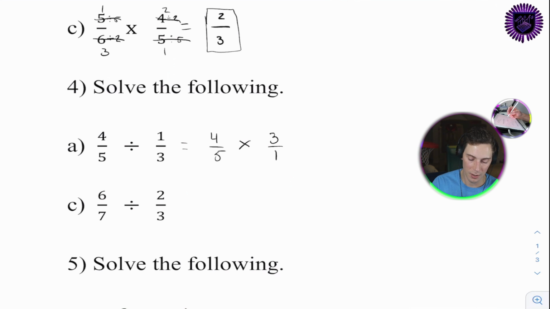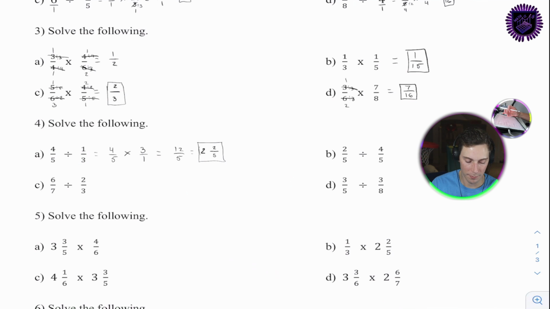Can we simplify? Nope. 12/5. That can simplify to 2 and 2/5. Final answer. Yay, did it.